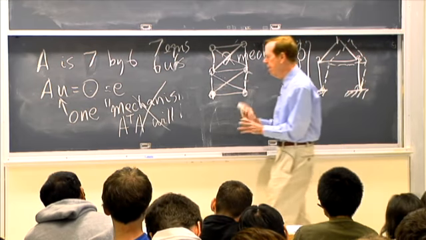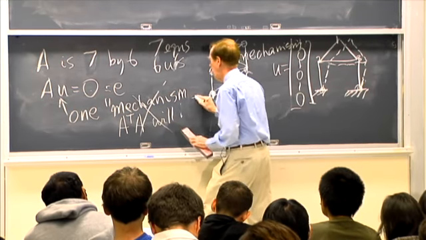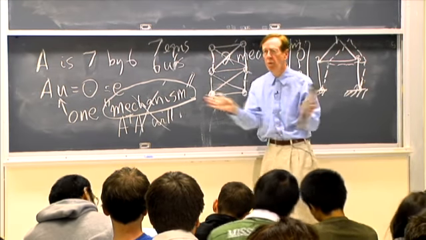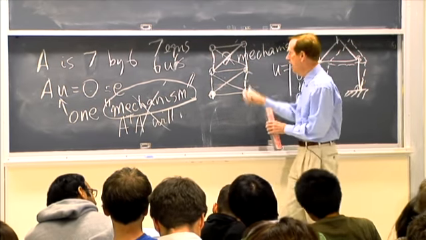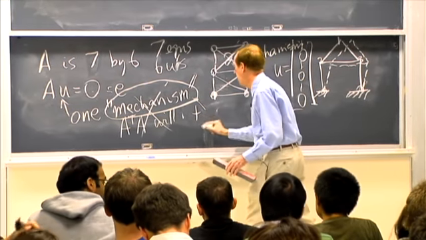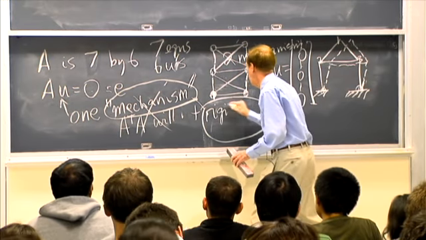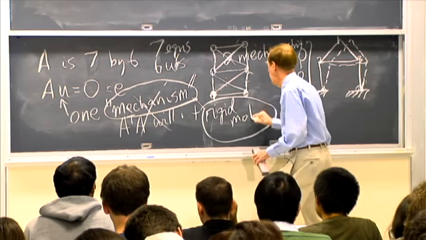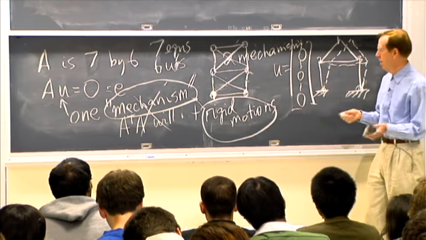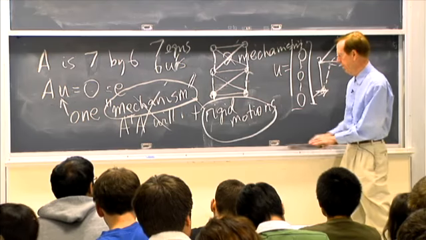So I sort of distinguish mechanisms, this word mechanism. So that's where the truss deforms. In these, plus, possibly, plus rigid motions, and rigid motions would be where it doesn't deform internally, the whole thing moves.